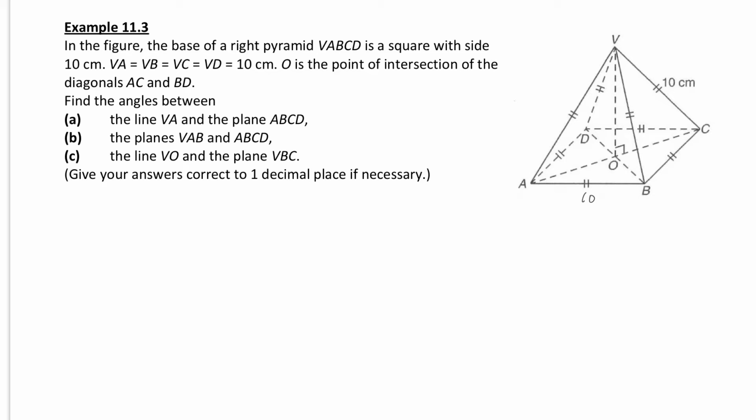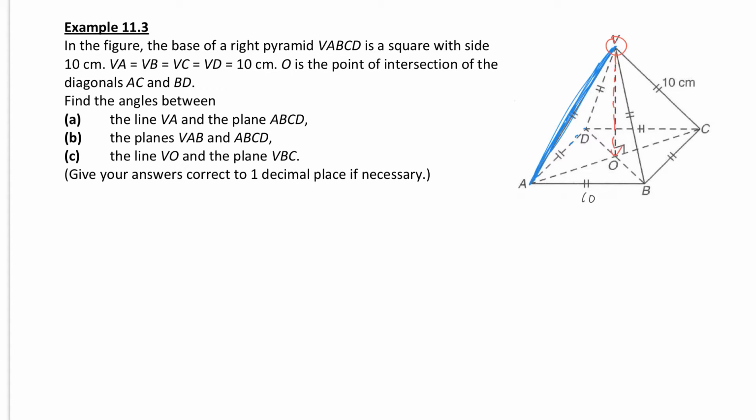First of all, you need to know how to use the definition to identify the angle first. First of all, you need to find the projection of VA on the plane ABCD. In general, I will find one point of the straight line not on this plane. So I will choose V because V is not on this plane. And you may find the projection of point V first.